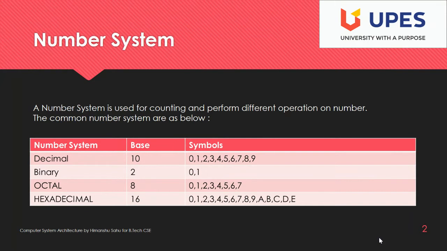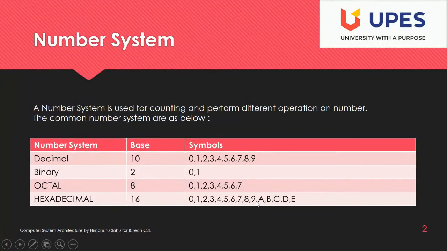Like for the decimal number system, we have 0 to 9. Total 10 different symbols are there. Binary, we have two symbols. Octal, we have 8 different symbols. And for hexadecimal, we have 16 different symbols.